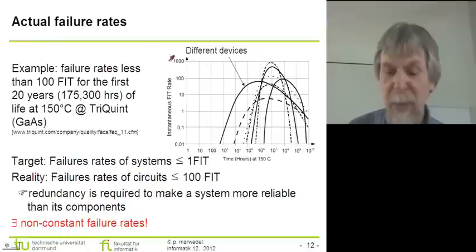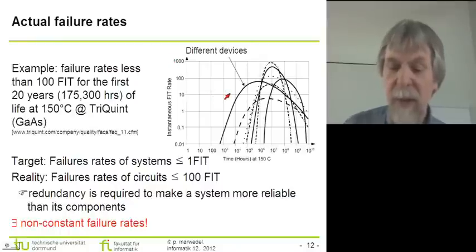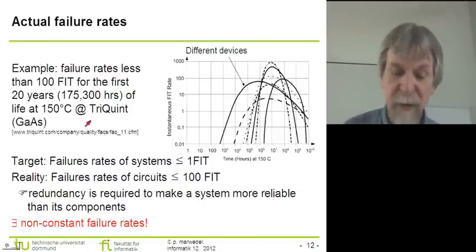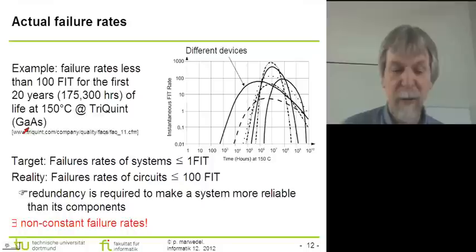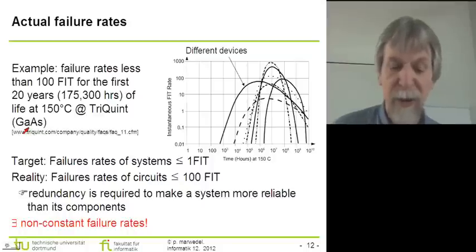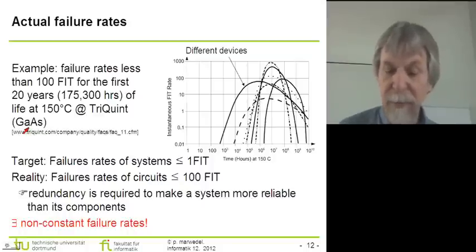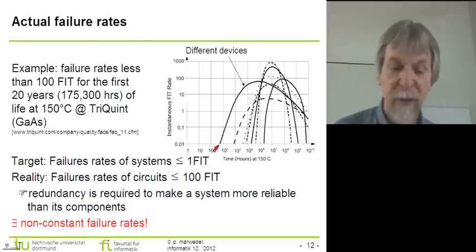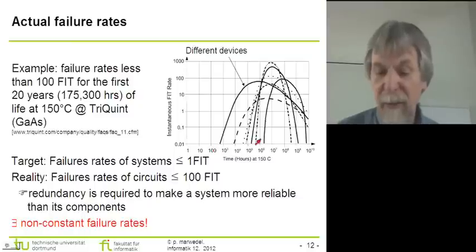Therefore, I was very happy when I found this chart that tells us something about failure rates of actual devices. In this case, we are considering actual devices that are circuits made from gallium arsenide, which is a special semiconductor appropriate especially for very high-speed integrated circuits. For this, the corresponding company is citing failure rates for very large amounts of hours.